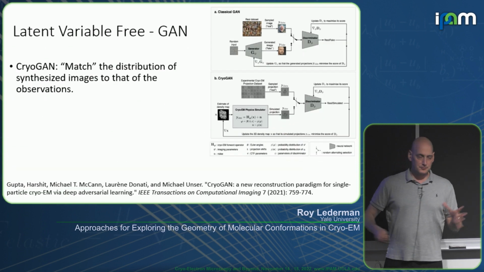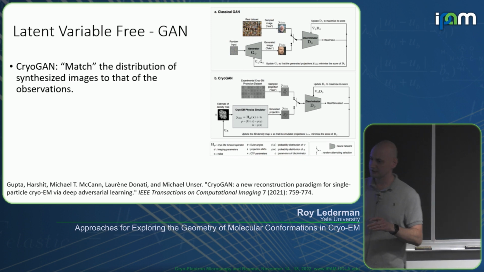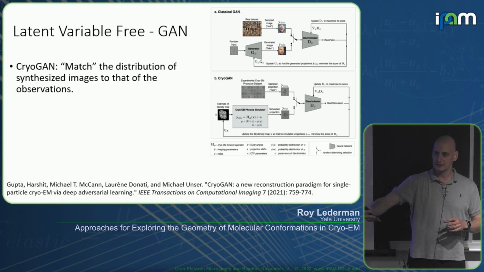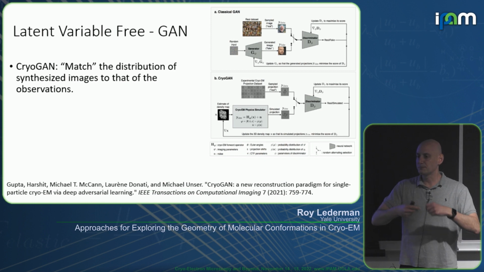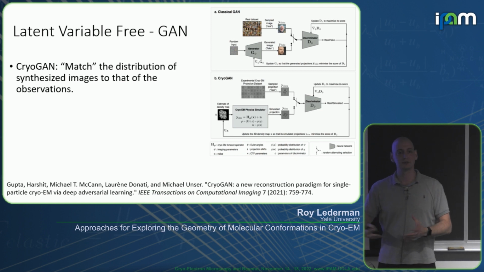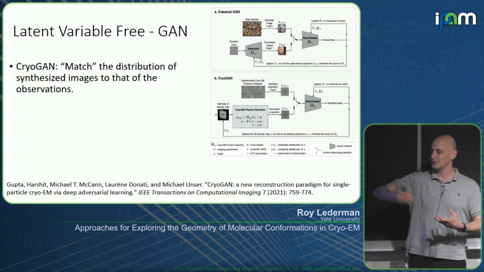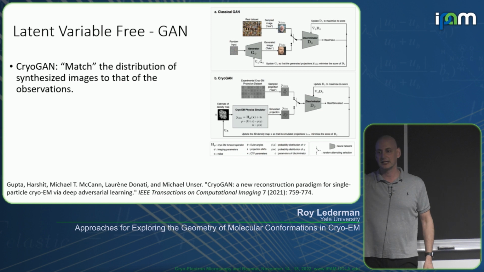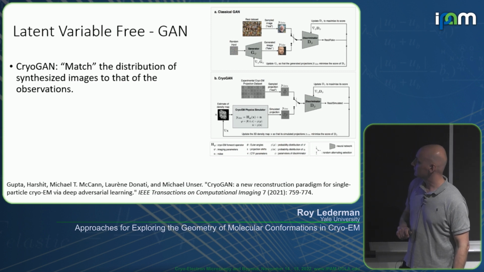A completely different approach for matching distributions is this Cryo-EM thing, where they're trying to match the distribution of the observed images, trying to find a model in sort of this GAN architecture. They're trying to find a model that would have produced the same distribution of images that we see, without ever figuring out the specific viewing direction for any individual image.